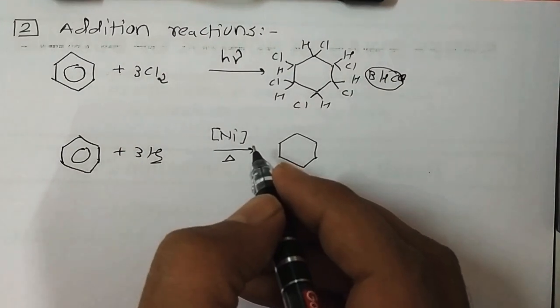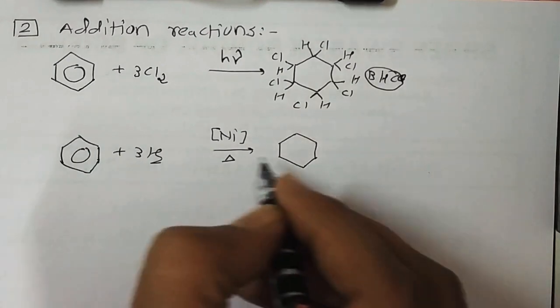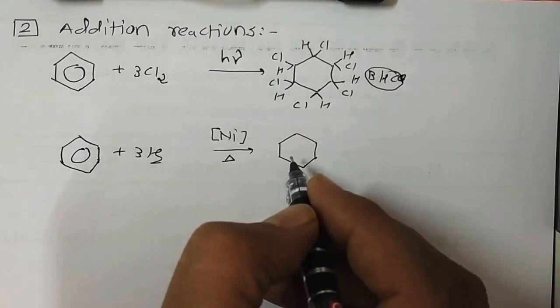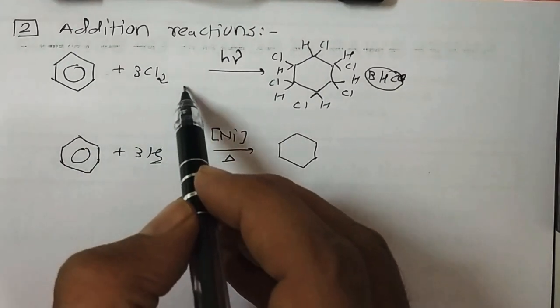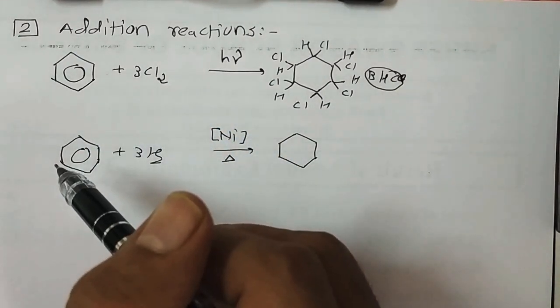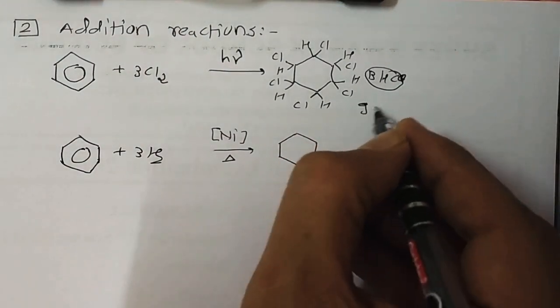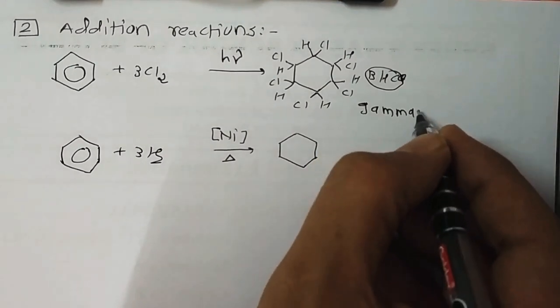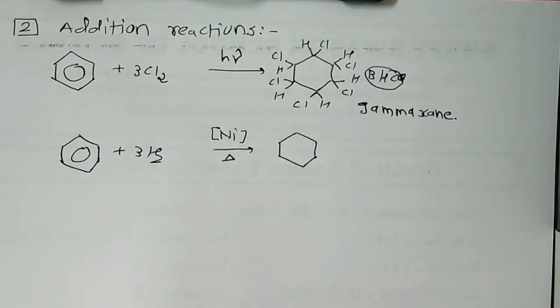So under vigorous conditions, meaning high temperature or pressure, in the presence of nickel catalyst, hydrogenation of benzene gives cyclohexane. And under ultraviolet light, 3 chlorine molecules add to benzene to produce BHC, also called gammexane. So that is about the addition reactions.